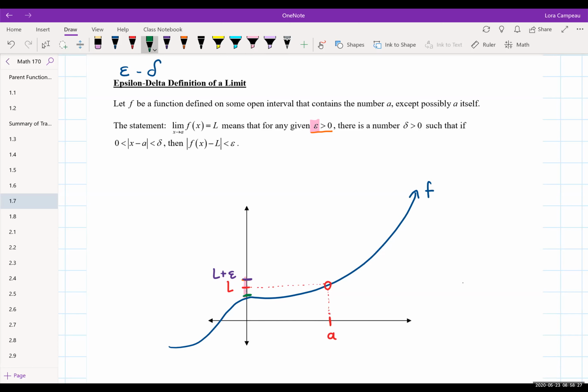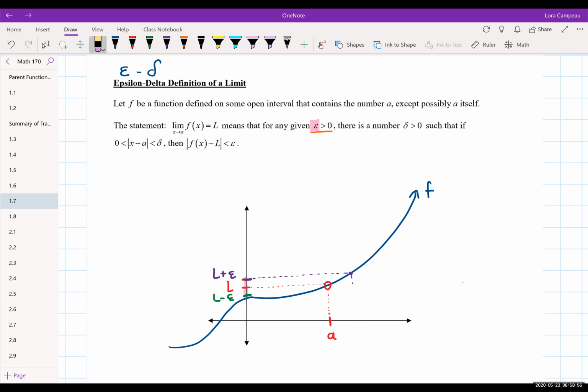We're going to denote this as L subtract off epsilon. So what we were looking at in section 1.5 is we were trying to see if we set this value of epsilon, we're going to go to our function on each of these, map it back down to the x-axis.